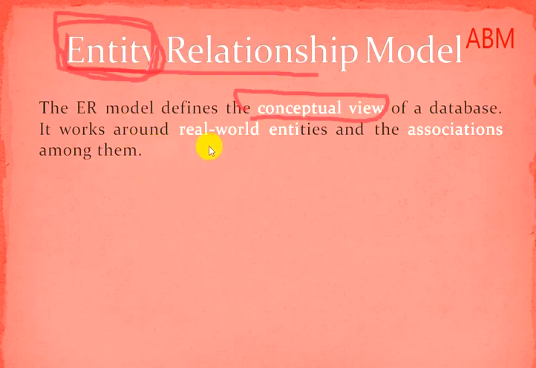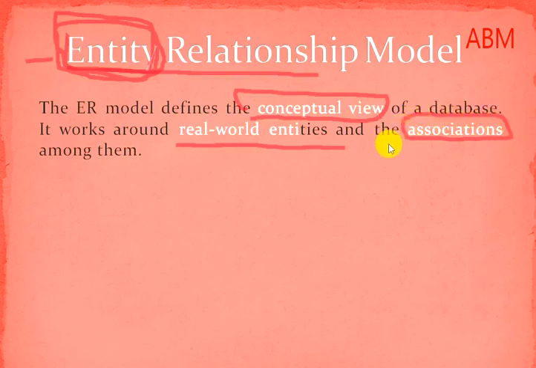Usually when the software engineering department gets information from any company to build any database or any software, they usually concentrate on the nouns and the verbs. The nouns are usually called the entity, and the verbs are usually called the relationship, the association.